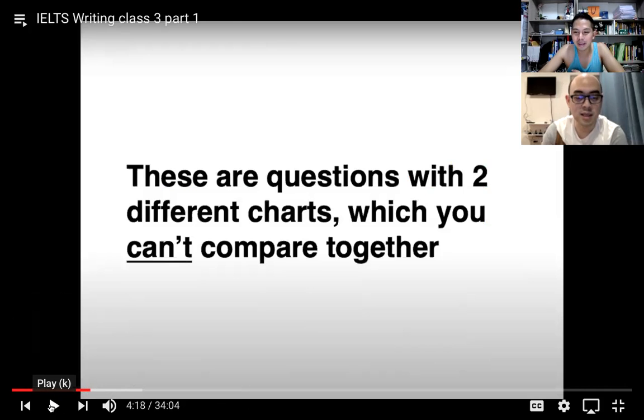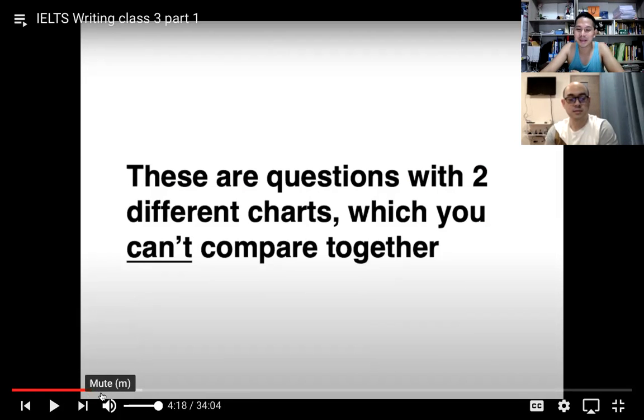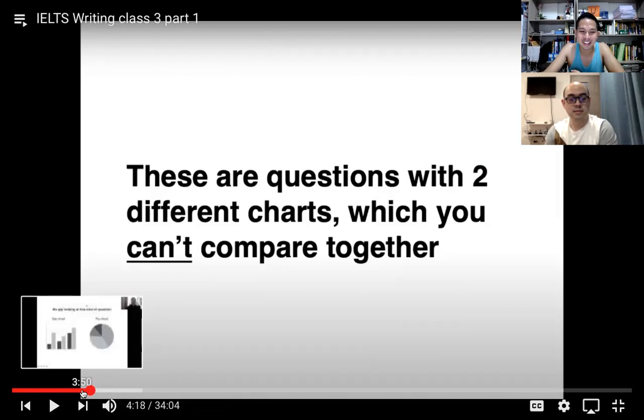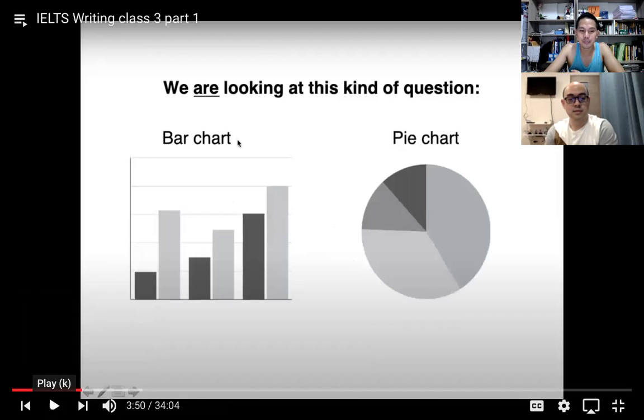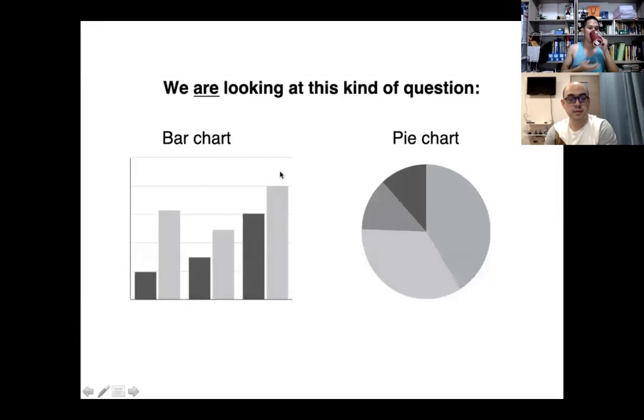Different charts, pie charts and bar charts all together, or you will have a map and bar chart. You have a pie chart and a line chart. You don't know, you will never know, right?